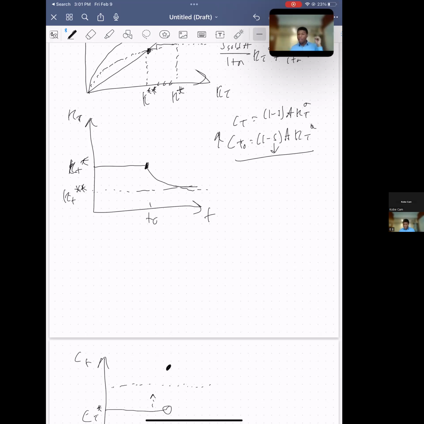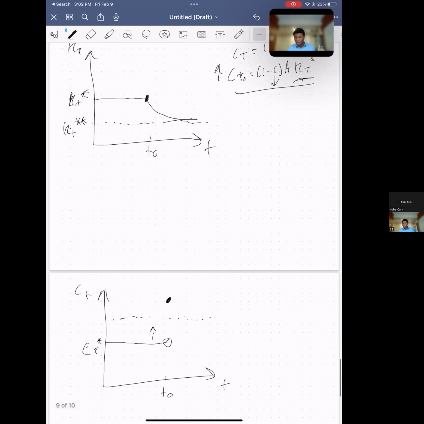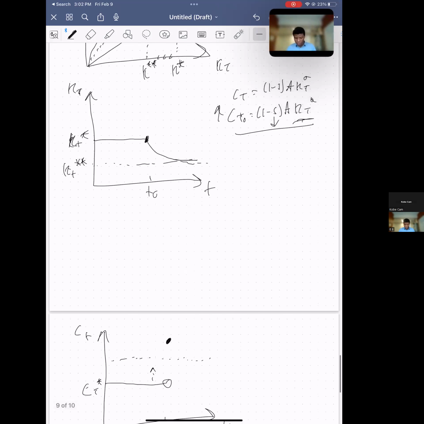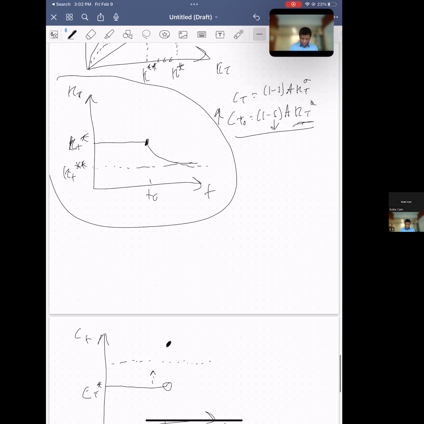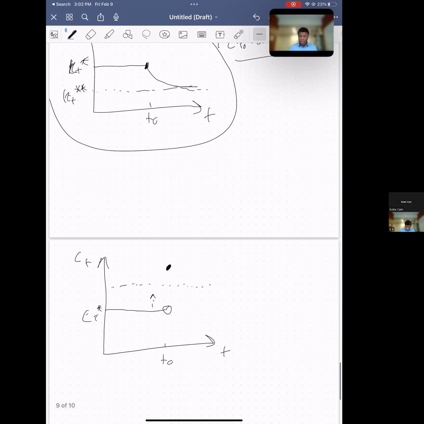So if KT goes down, look at this, CT must go down, right? If per capita capital goes down, that means per capita consumption must go down. So if this is going down, as we see in this one, we should also see the exact same shape over here.